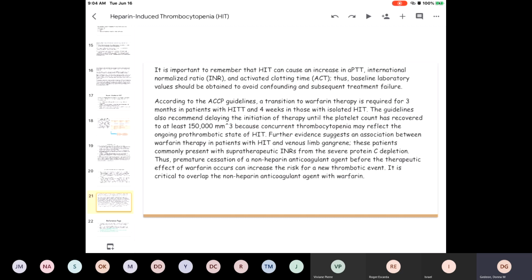Thus, premature cessation of the heparin anticoagulant agent before the therapeutic effect of warfarin occurs increases risk for a new thrombotic event. This is why it is critical to overlap the non-heparin anticoagulant agent with warfarin.